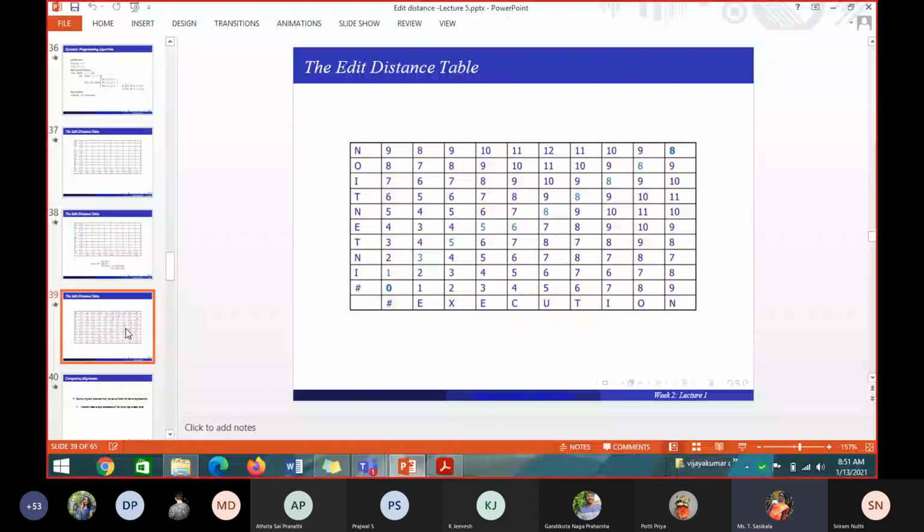Have you all arrived at the same solution? Yes or no, students? How many of you got the same solution? Ma'am, we are checking still. Okay, check. At the end, finally, whether you are getting 8. Yes, ma'am.